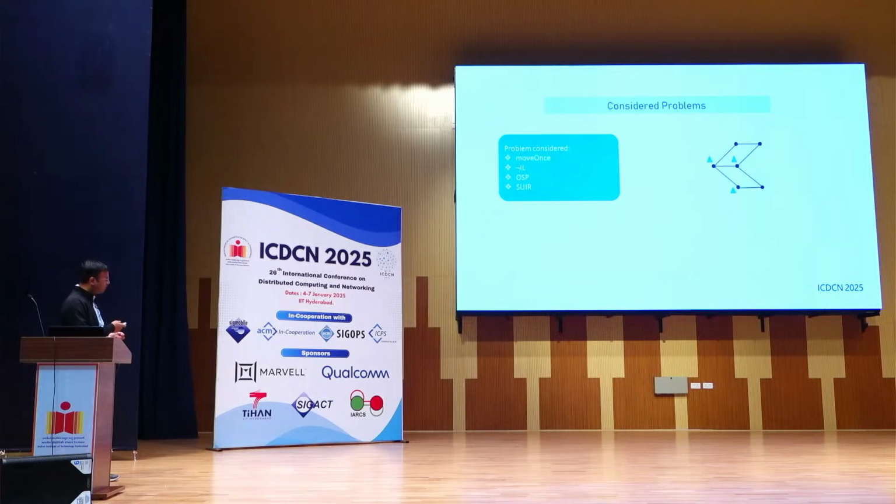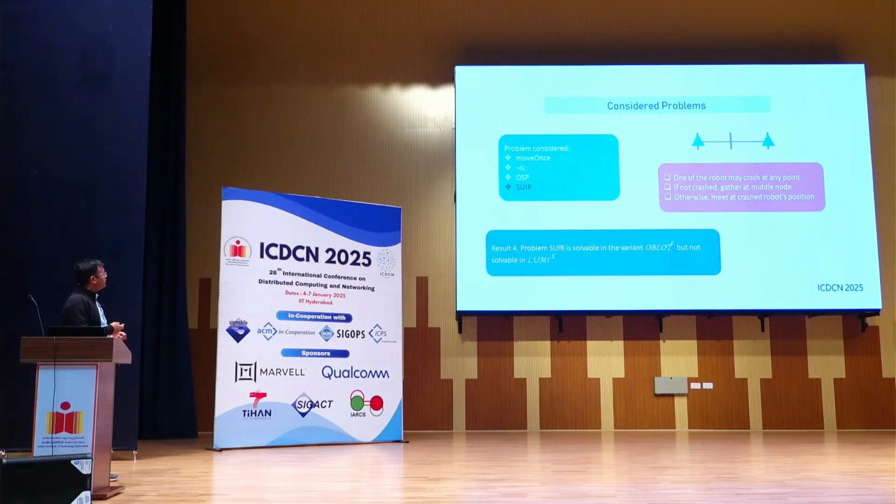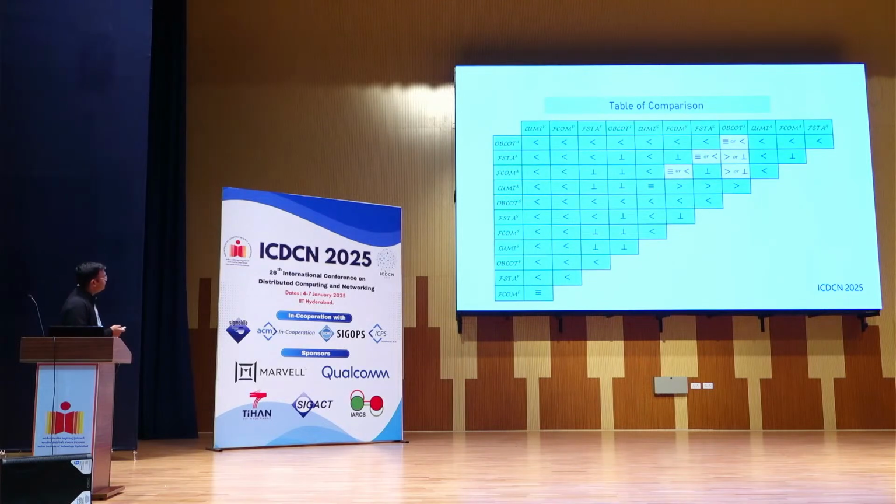I am just skipping them. So considering these problems, we could fill the table except for these 5. Okay. So here we can see this one is from the previous result that FCOM-F is equivalent to LumiF. That's why these 2 table columns are the same.